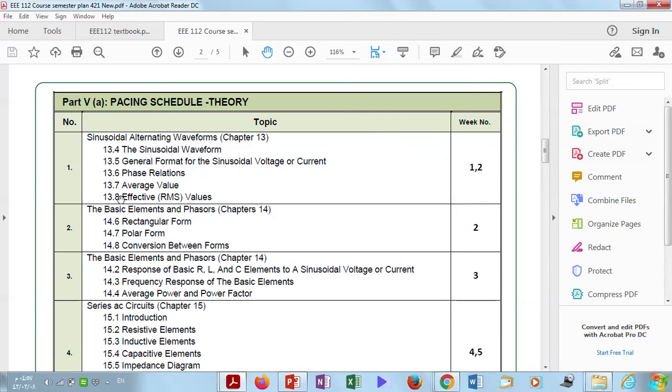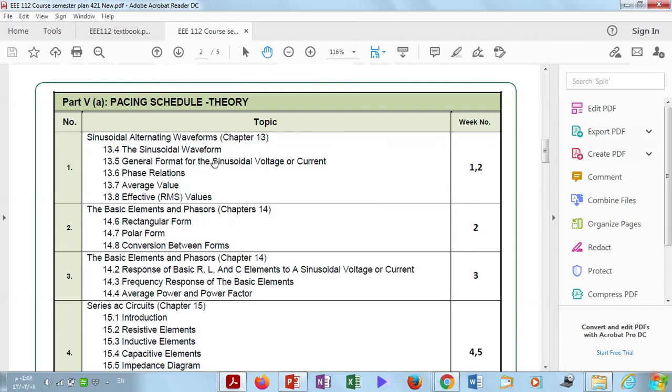The first two chapters concentrate on math and physics, especially math, because when we are dealing with AC, we need to know about different forms, polar form and rectangular form, and how to convert from one form to the other. In Circuit 1 we were dealing with fixed numbers.